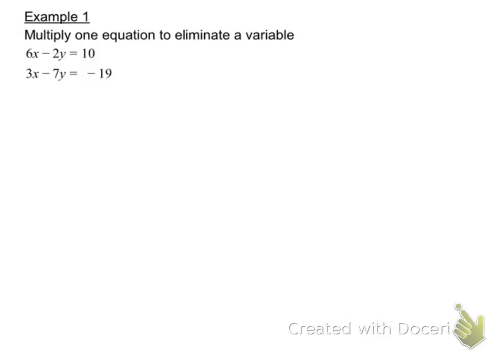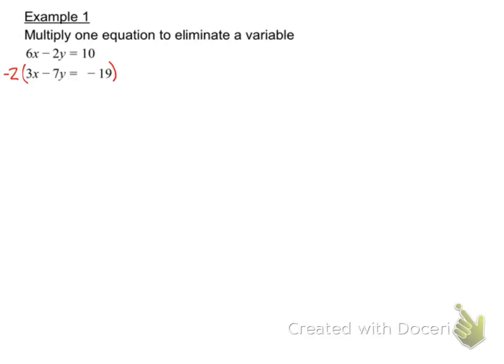How I show that is I use parentheses around the whole entire equation, and I put a negative 2 in front. You need to distribute the negative 2 all the way through that second equation.